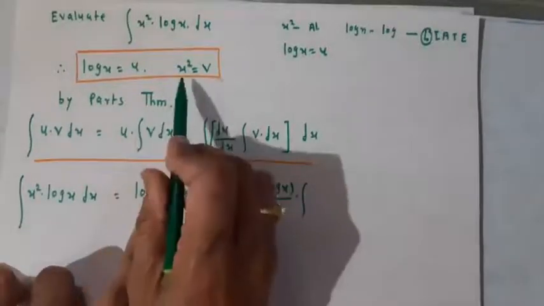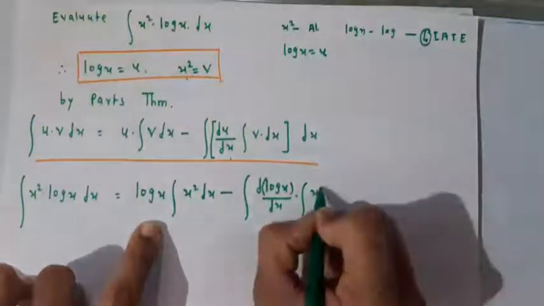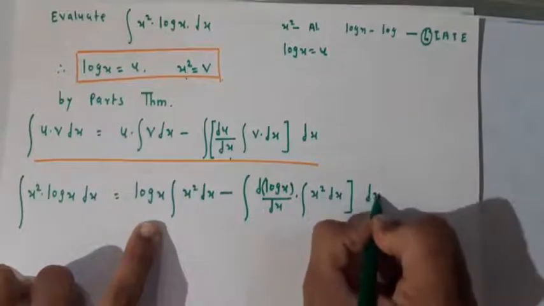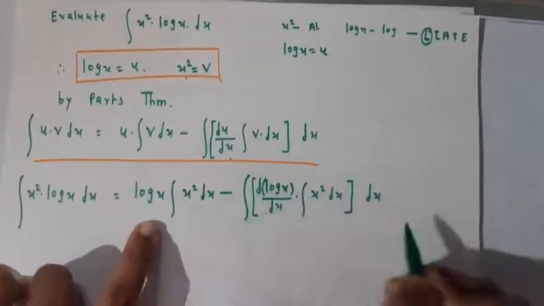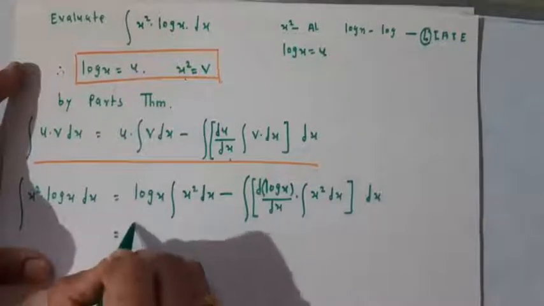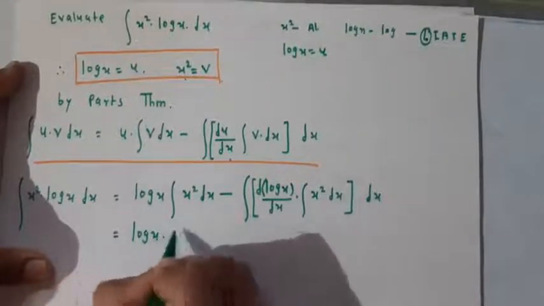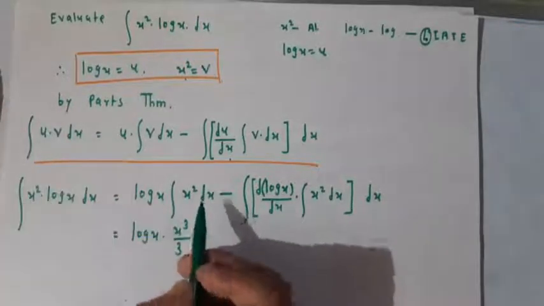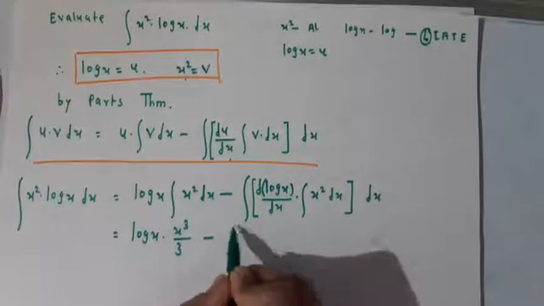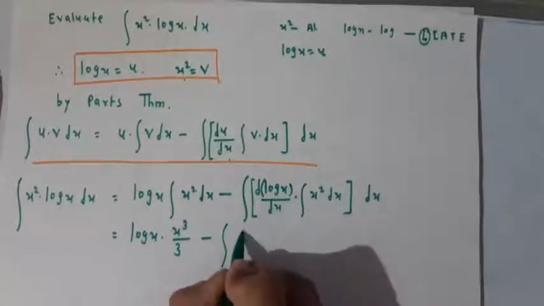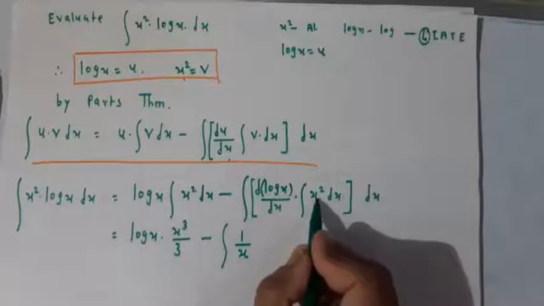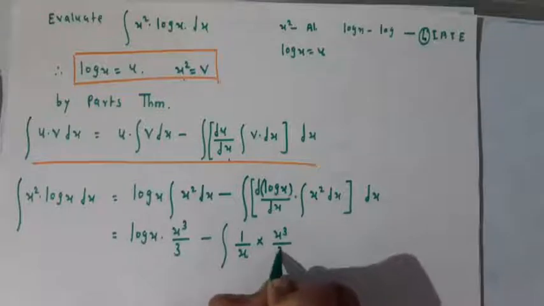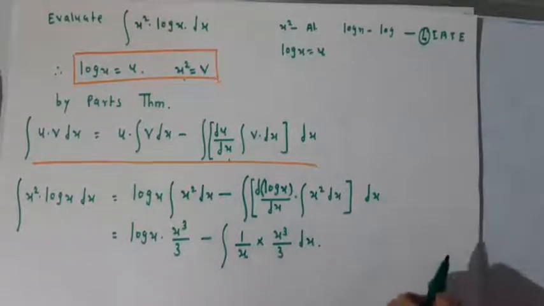The v function is x square, its integration with respect to x, and whole with respect to x. Whatever is our calculation, take its integration. Okay students, this is log of x, integration of x square is x raised to 3 by 3 using the x raised to n formula, minus differentiation of log of x is 1 upon x, into x raised to 3 upon 3 with respect to x.